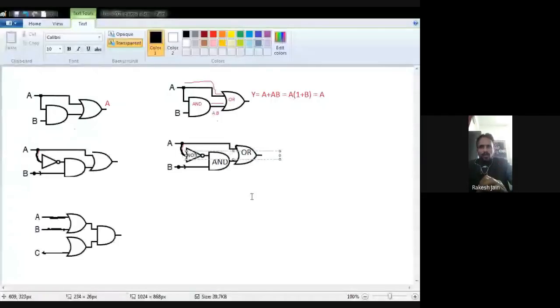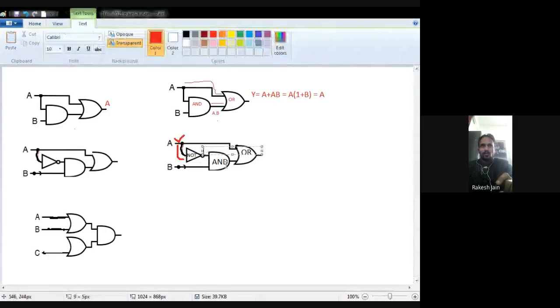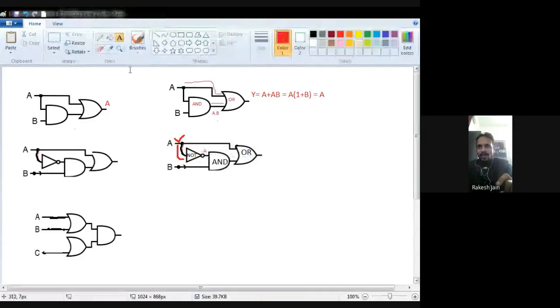Now first of all, what is the input of this NOT gate? The input of this NOT gate is A, because A is directly applied here. So what will be the output? The output will be A bar, because a NOT gate gives the complement of the input.